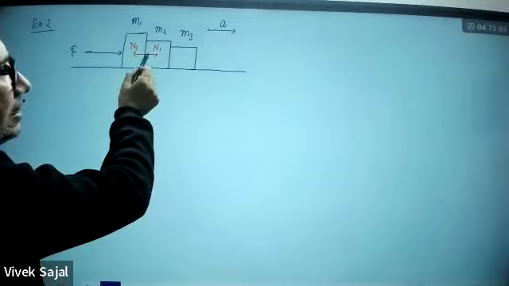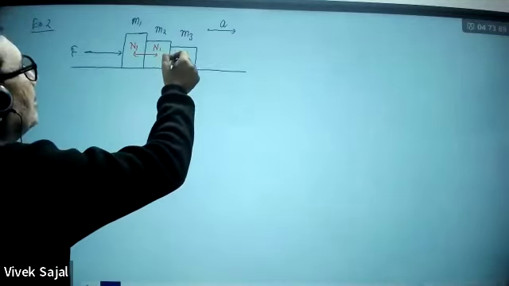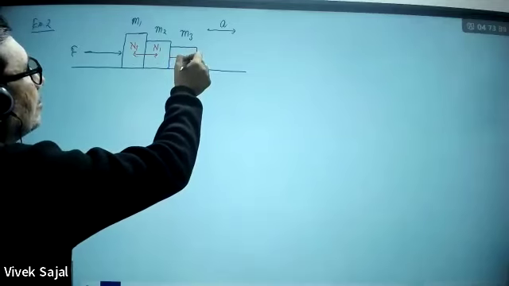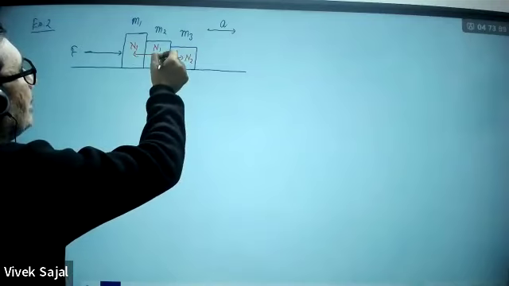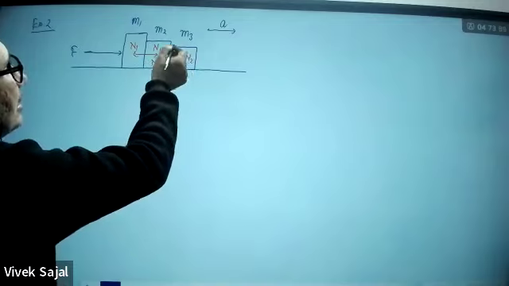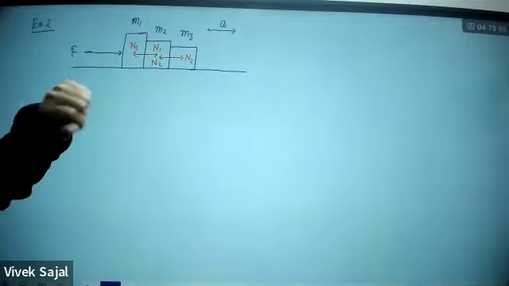You can say they are action and reaction here. Similarly here, the second is exerting a normal reaction N2 on the third, and the third is exerting this N2 on the second block of mass M2. So these are the forces which are acting.